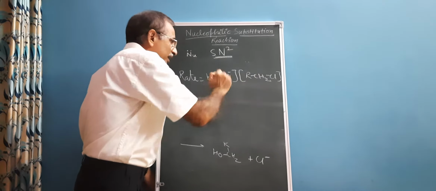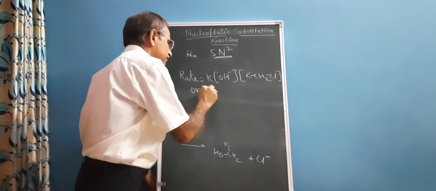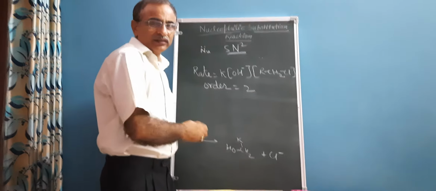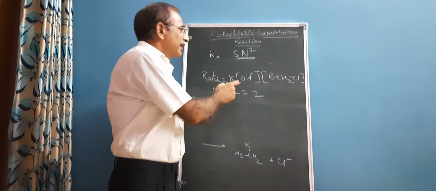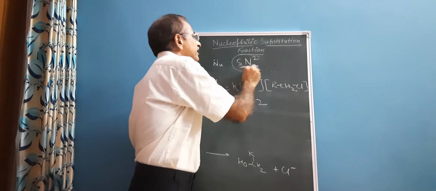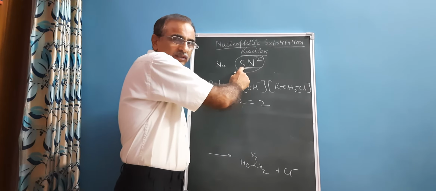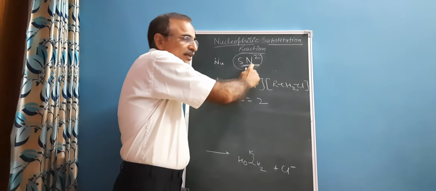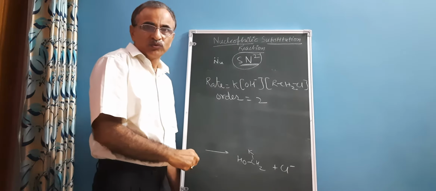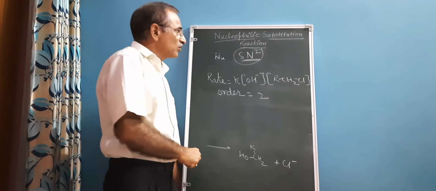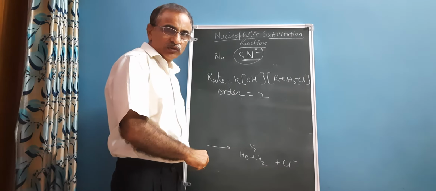This is the reason why the order of this reaction is 2. This is a second order reaction, and it is known as SN2 reaction. S for substitution, N for nucleophilic, 2 for its order is 2. It means bimolecular nucleophilic substitution reaction.